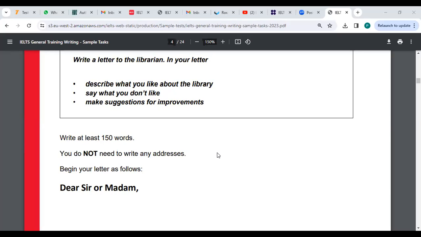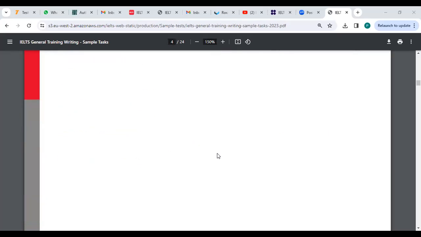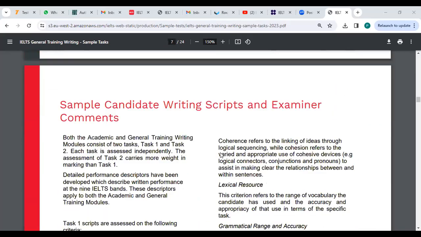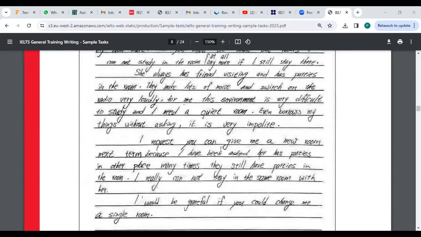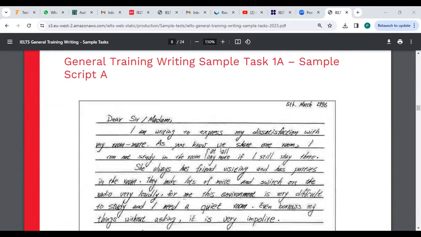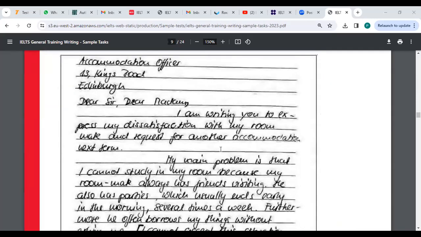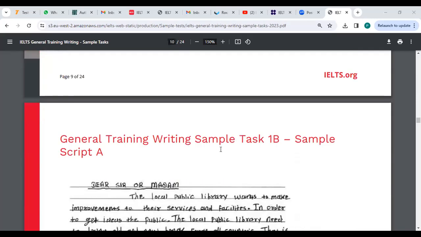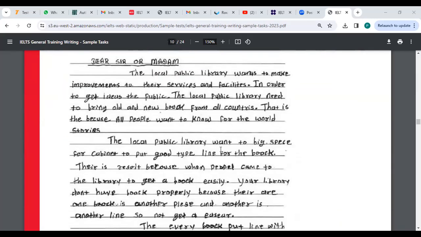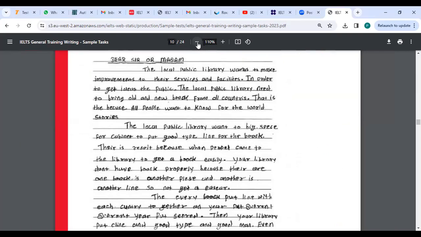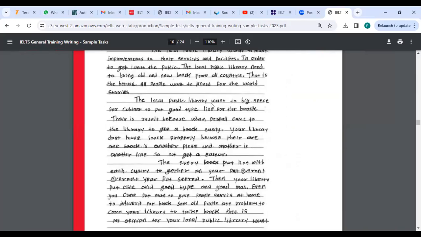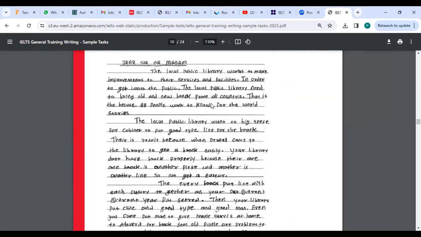Now, let's see. So this is 1B. Let's see what a student wrote and what the examiner said.